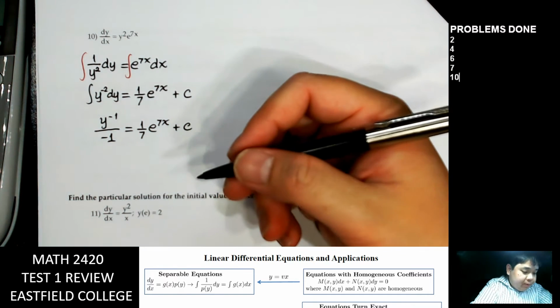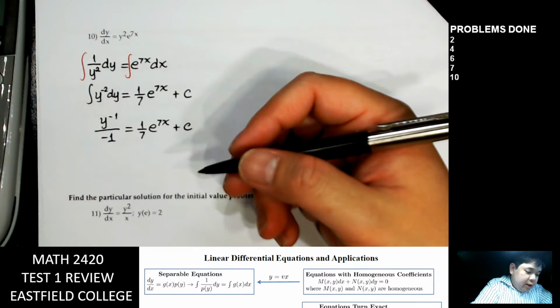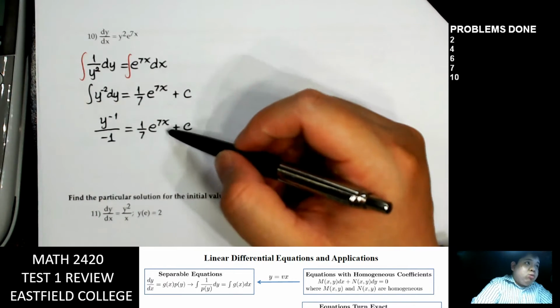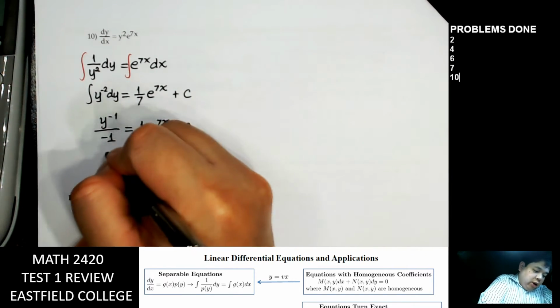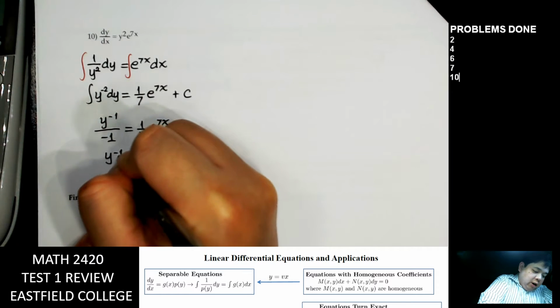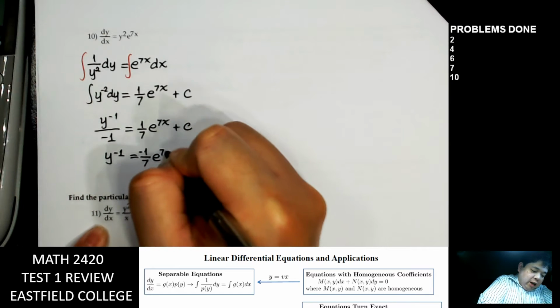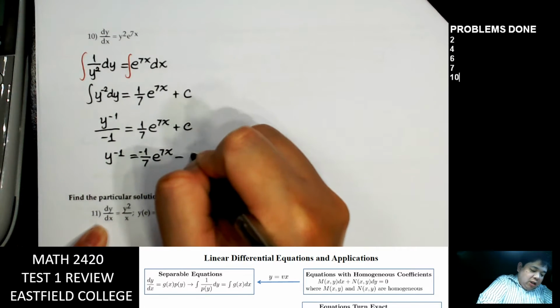Right. And we multiply negative 1 to the other side, so we will have y to the negative 1 equal to 1 over negative 1 over 7 e to the 7x minus c.